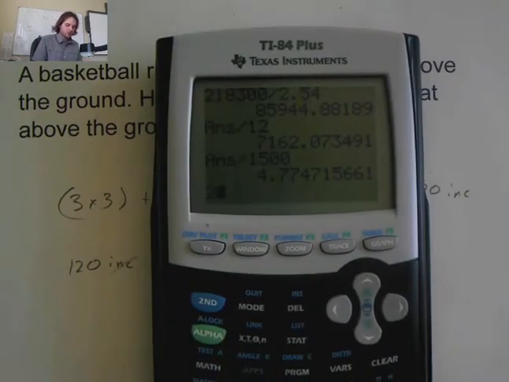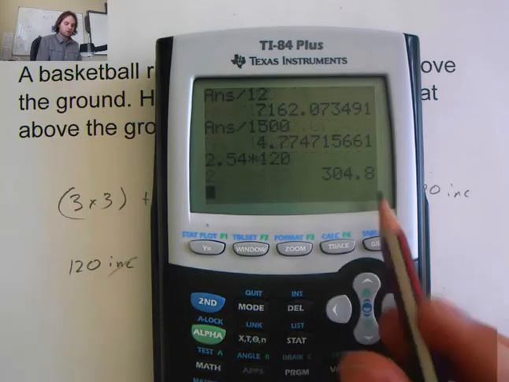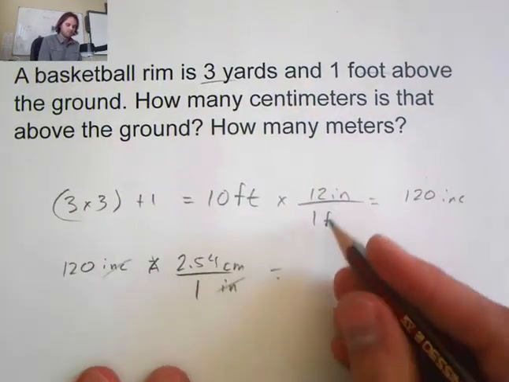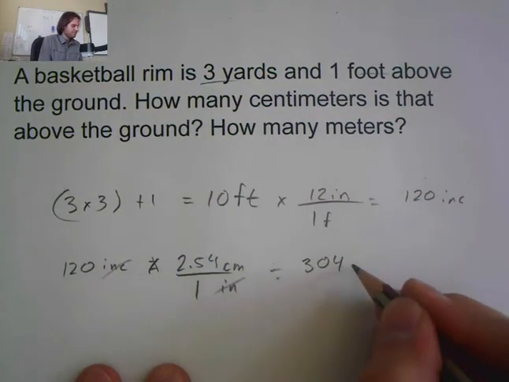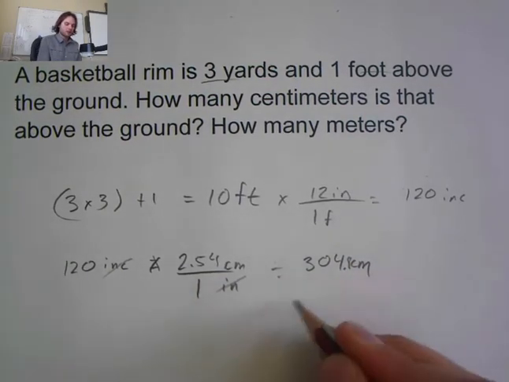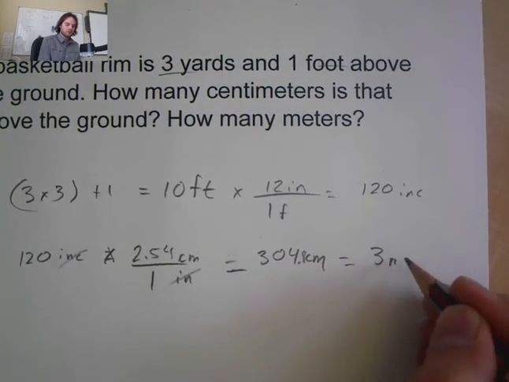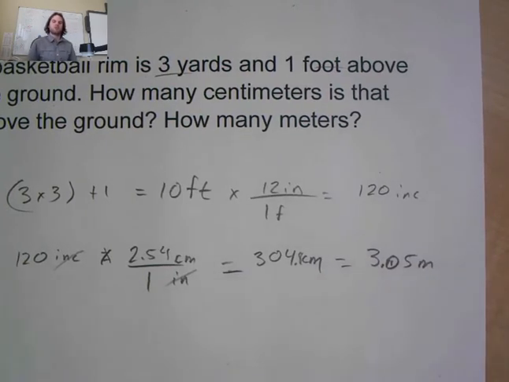We're going to have 2.54 multiplied by 120, which will give me 304.8 centimeters. Well, this altogether gives me 3.05 meters rounded. Okay, so 3.05 meters above the ground is the rim.